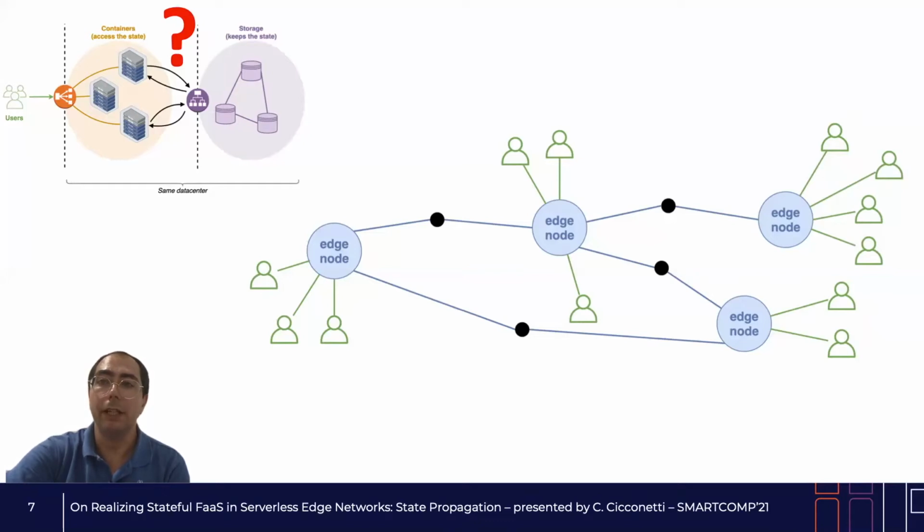So you don't have a single entry point for the load balancer. You don't have an easy way to implement a distributed storage system, and you don't have a way to access that storage system from each and every edge node in an efficient manner, also because the edge nodes may have limited network connectivity.